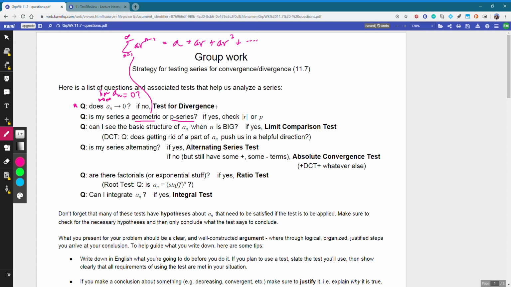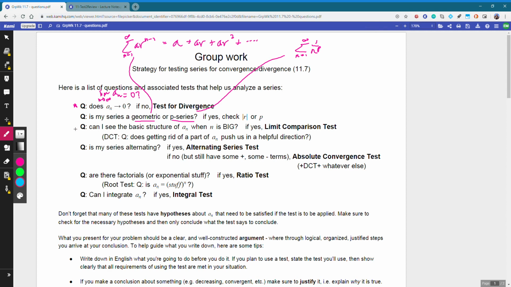And p-series are series that look like 1 over n to some power. I think we started those at 1 over n to some power. If it's literally one of these, then we know what's going on. We have our check for the geometric series that depends on the absolute value of r, and the check for the p-series that depends on the value of the power p.